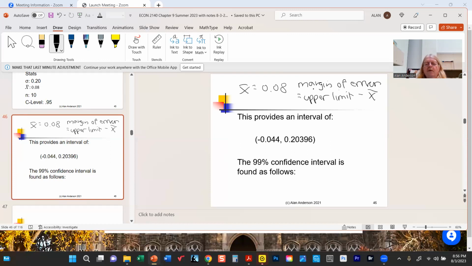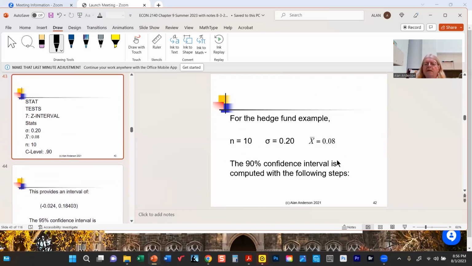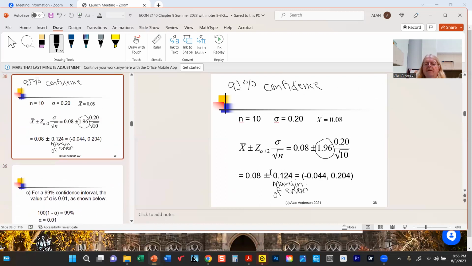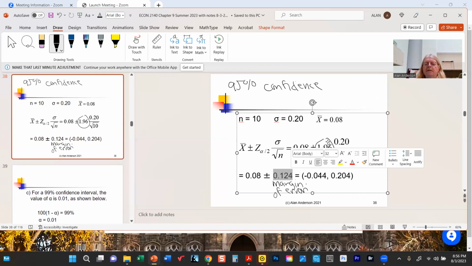So in this case, your margin of error is 0.20396 minus 0.08, which is, let's see, 0.12396. And when we did this on the slide, we rounded it off to 0.124, if you recall. So with the 95% case, right there, 0.124. That's our margin of error.